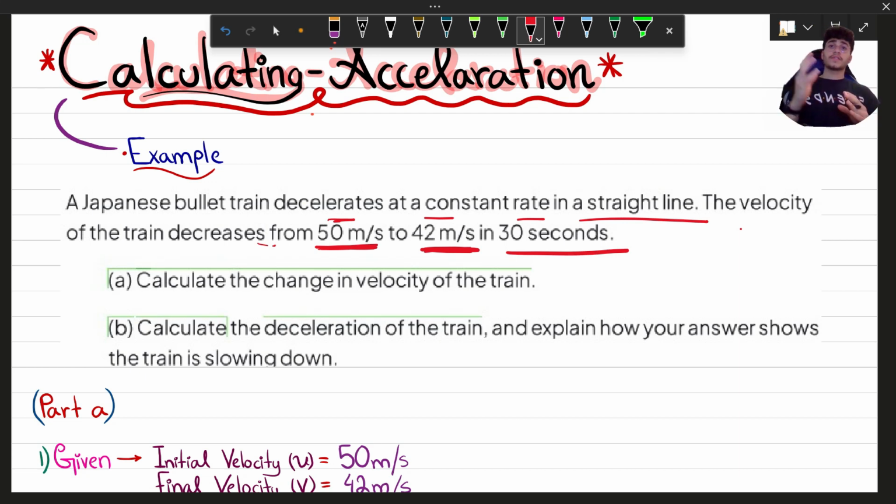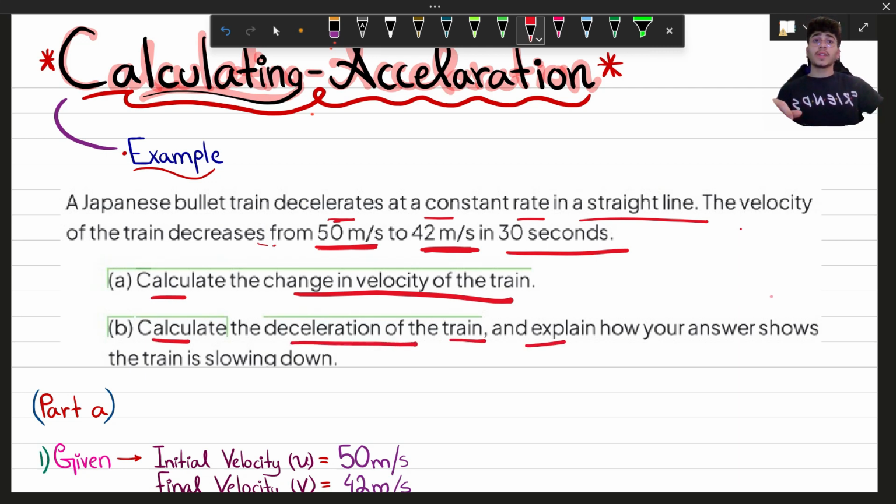So its velocity was 50 meters per second initially. It decreased to 42 meters per second in 30 seconds. We have to calculate the change in velocity of the train, calculate the deceleration of the train, and explain how your answer shows the train is slowing down.